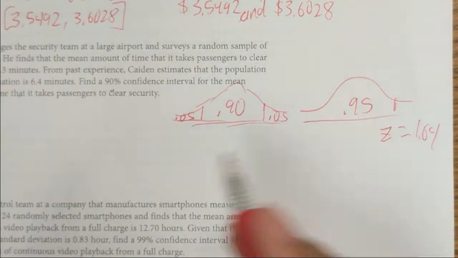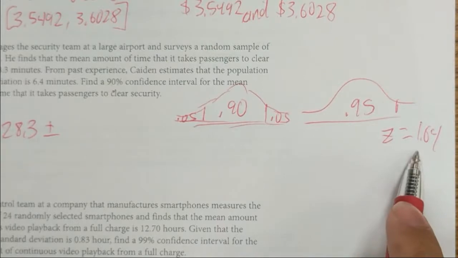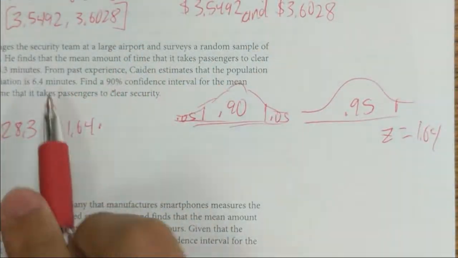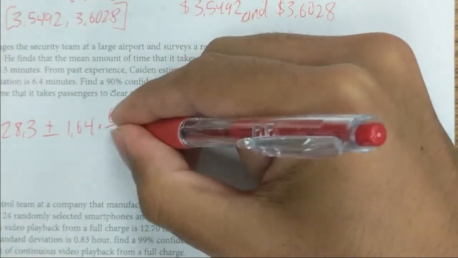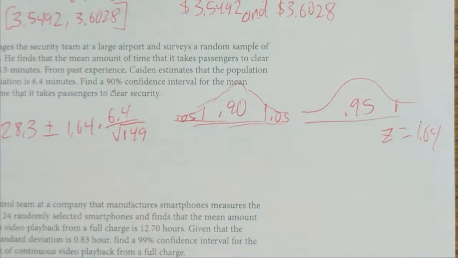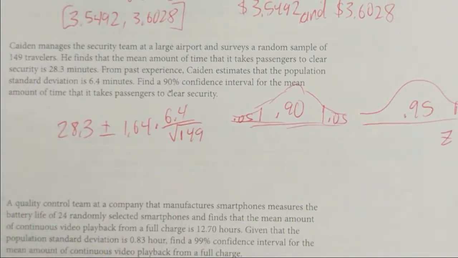Okay, so sample mean plus or minus z star times the population standard deviation divided by the square root of the sample size, 149 travelers.